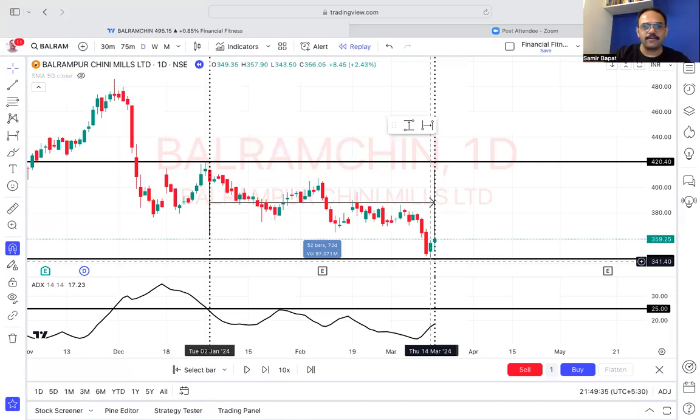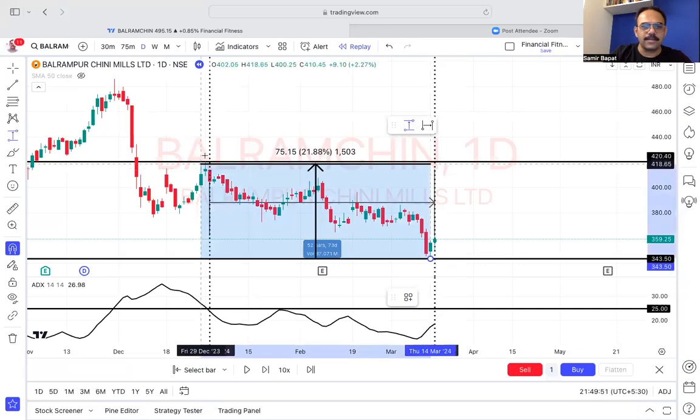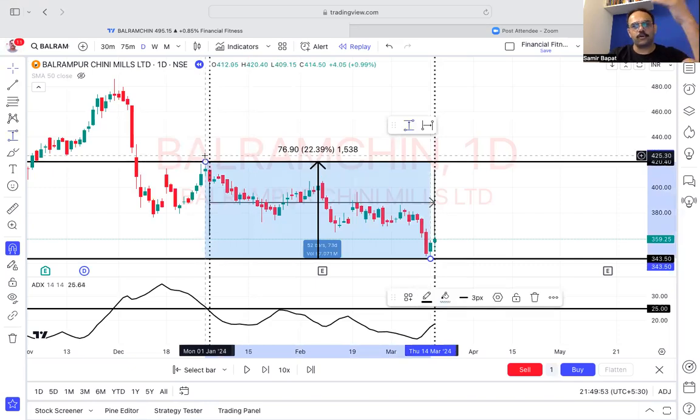Since ADX was below 25 for 52 days, I took that band. One line I have drawn at the highest, one line at the lowest, and then I will take the difference of both, it's around 76 points.